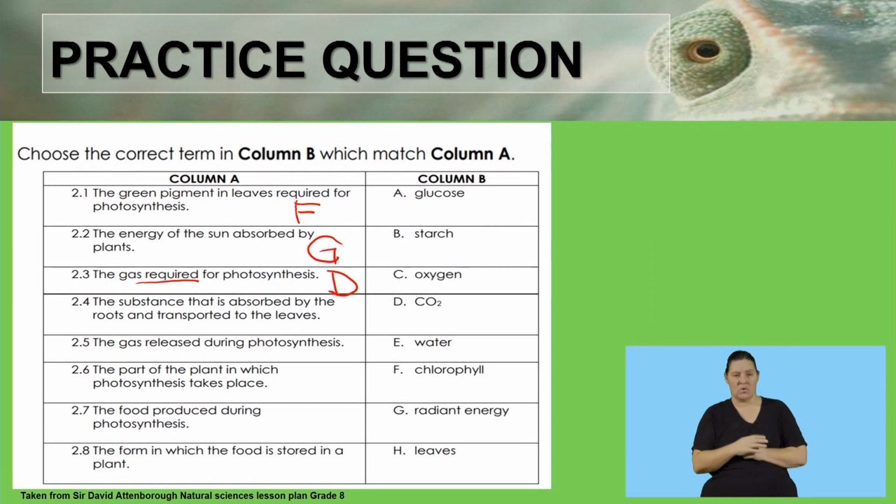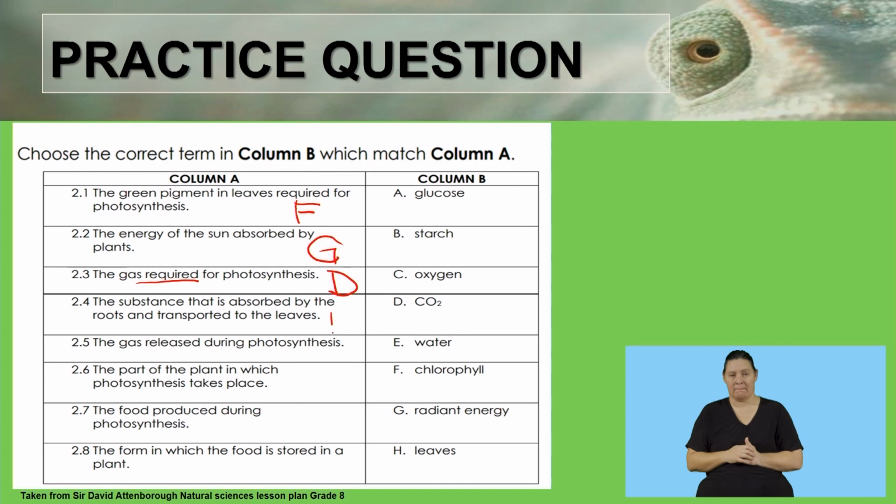Let us move on to the next one. 2.4 says the substance that is absorbed by the roots and transported to the leaves. So now, what is being taken in by the roots and taken to the leaves? Definitely not glucose, definitely not starch, definitely not oxygen, not carbon dioxide, but it is indeed water.